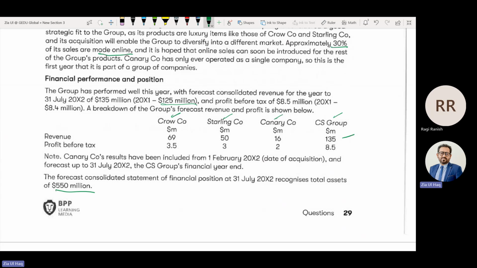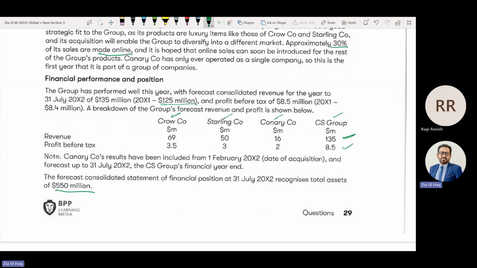They are saying a breakdown of the group's forecast revenue and profit is shown below. This 135 is calculated like this, and this 8.5 million is calculated like this. We compare this 135 with the previous year revenue of 125, and 8.5 with the previous year 8.4.